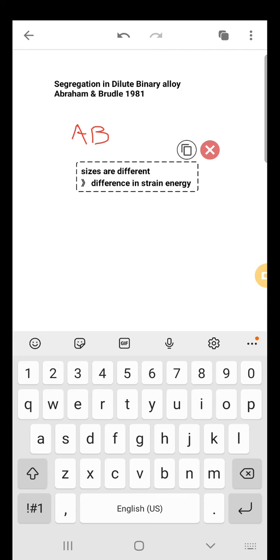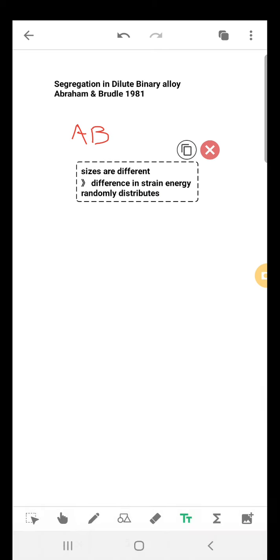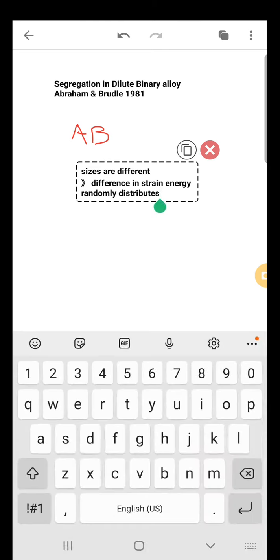So there are two possibilities when these are randomly distributed. First, the concentration of one of the atoms is more than the other.